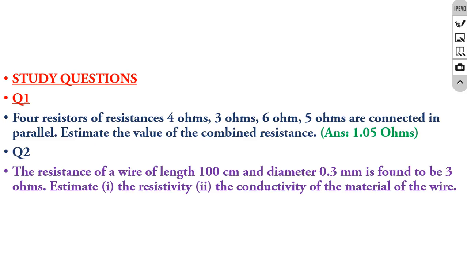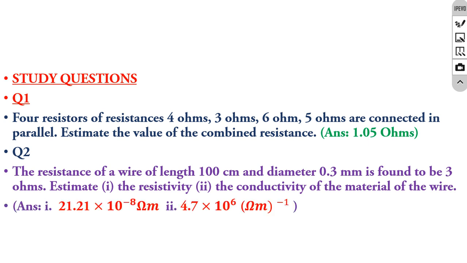The first one says 4 resistors of resistance 4 ohms, 3 ohms, 6 ohms, 5 ohms are connected in parallel. Estimate the value of the combined resistance. So you use the same method as the one I have just used, but also try and see. Look at the answer is written here. So you now compare your answer if it is right.